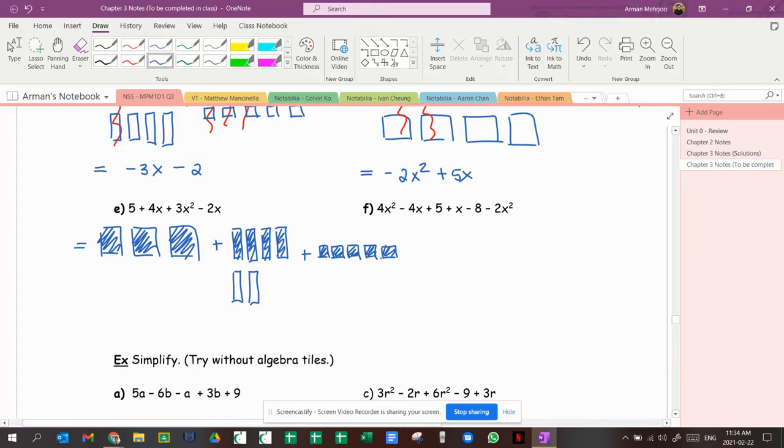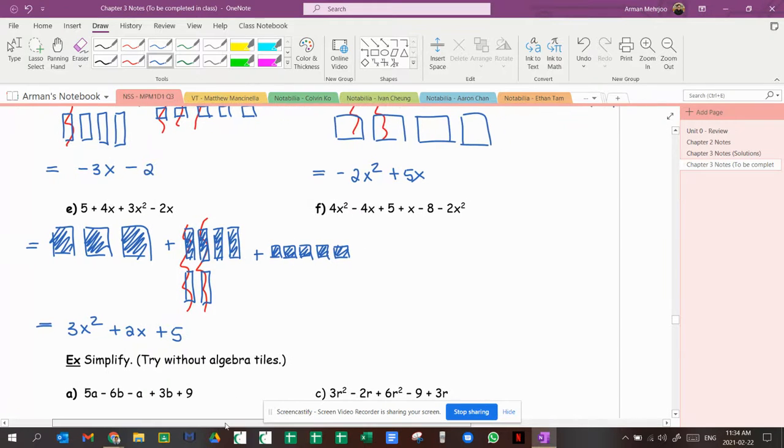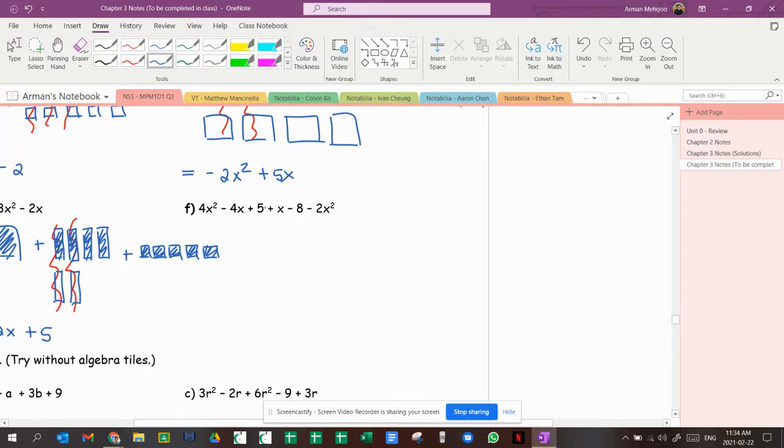Let's cross out my zero pairs. And overall, it looks like I have three positive x squareds, two positive x's, and five positive ones. Let's go on to F.